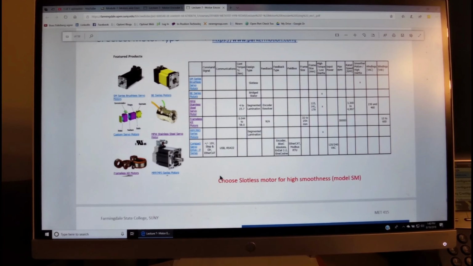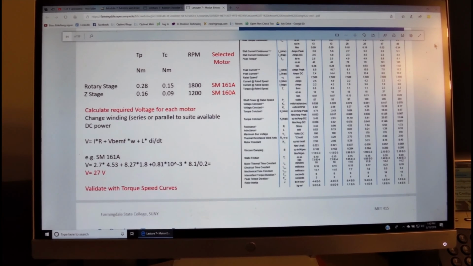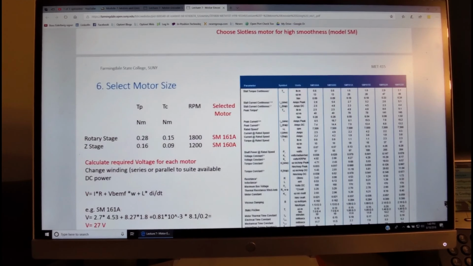Since we do dispensing, we'll choose a slotless motor for high smoothness of motion, and then we'll go down the specification to size the motor. So over here we see the motor that we'd like to choose. Over here are the detailed specifications of the motor with the stall current, the peak current, the stall torque, and the power.